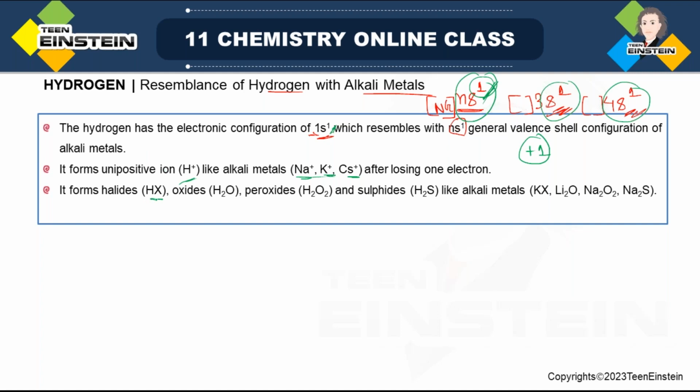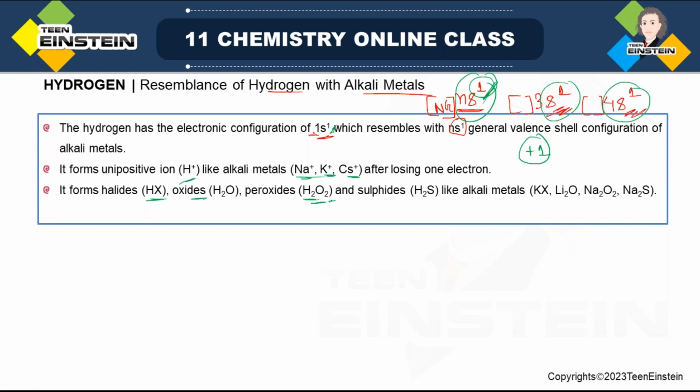Hydrogen forms halides having the formula HX, where X may be F, Cl, Br or I: HF, HCl, HBr, HI. Then the oxide of hydrogen is basically water. Another oxide is also there, which is H2O2. So the formulas have 2 hydrogen, 1 oxygen, and 2 hydrogen, 2 oxygen.